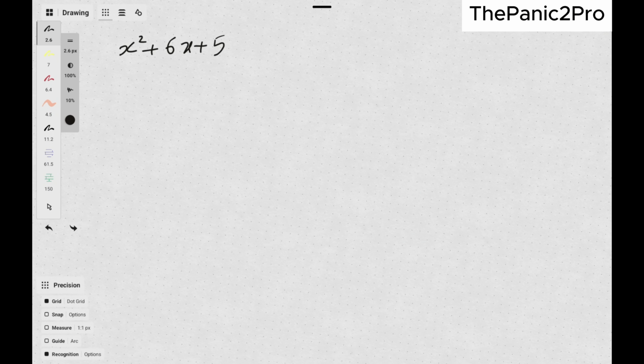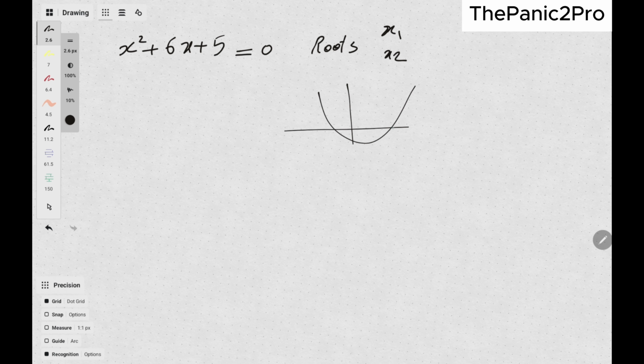Okay, let's go to a real example. Let's say I have this equation x2 plus 6x plus 5 equals 0, and I'm looking for the roots, let's say x1 and x2. Up to here, the ways that we are familiar with are, for example, you could plot or graph that and see where it's hitting the x-axis, and those are the roots.